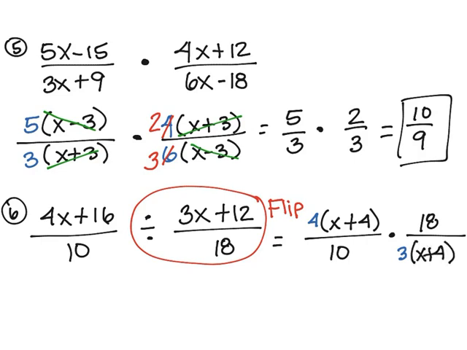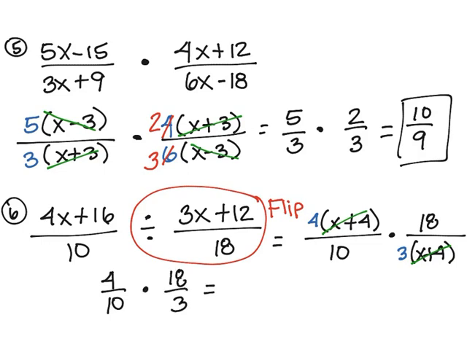X plus 4. Good. Y'all see that? Okay. So now we do our canceling, our reducing. We can reduce, obviously, the x plus 4s. And so that gives us 4 over 10 times 18 over 3.